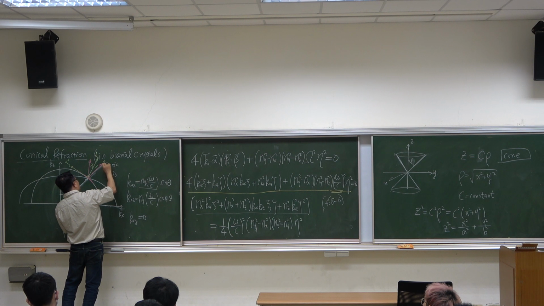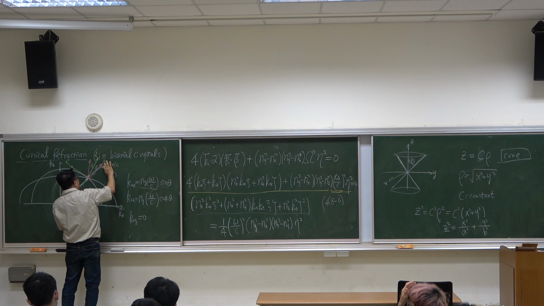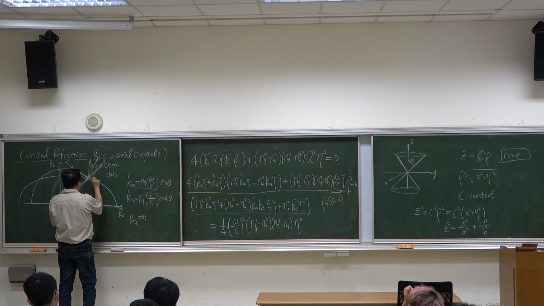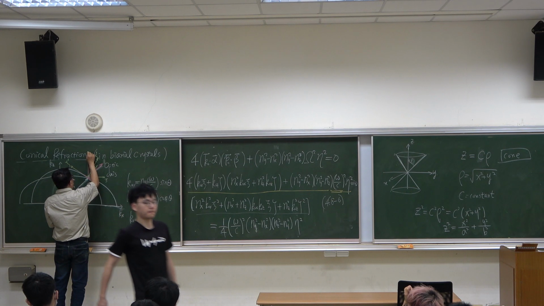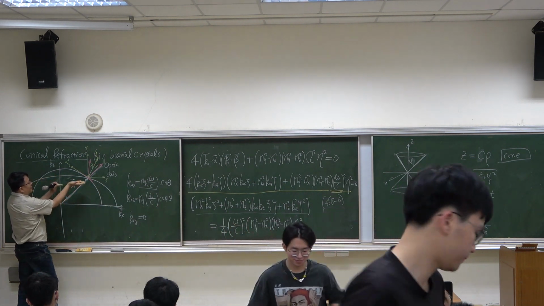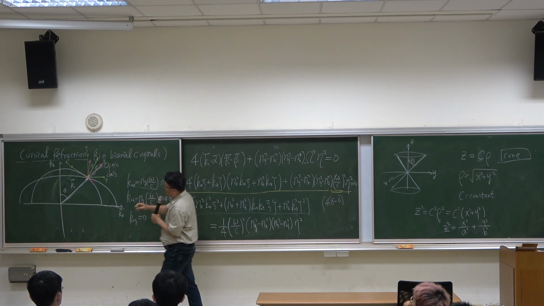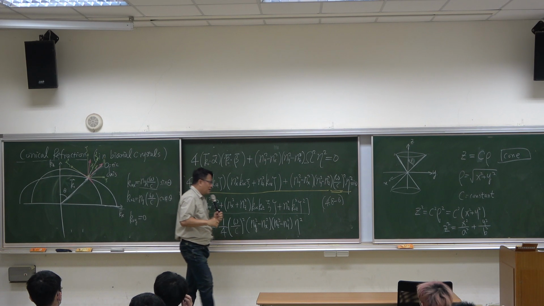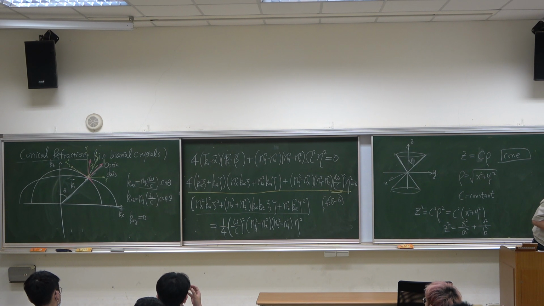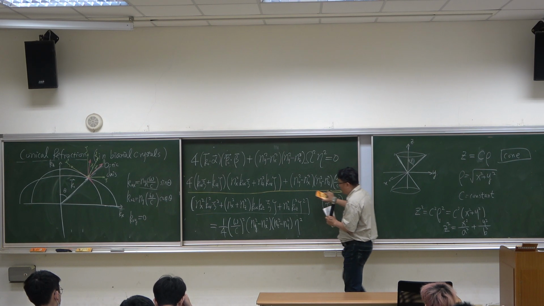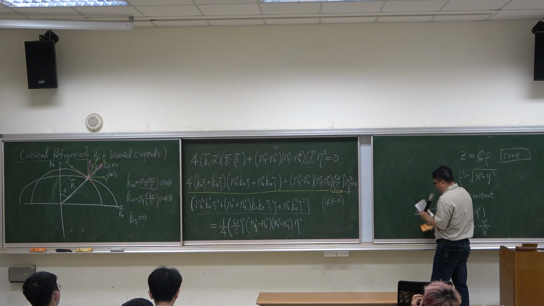This direction gives us c, and no, this is not c. This direction gives us c. This direction corresponds to zeta. We must rotate the coordinate axis. So once we choose the correct coordinate axis, we can change this equation into the standard form.